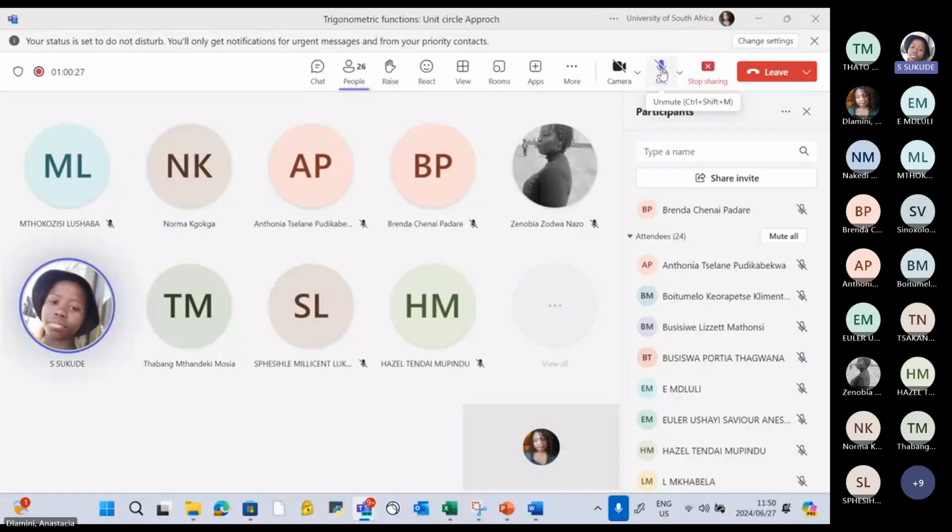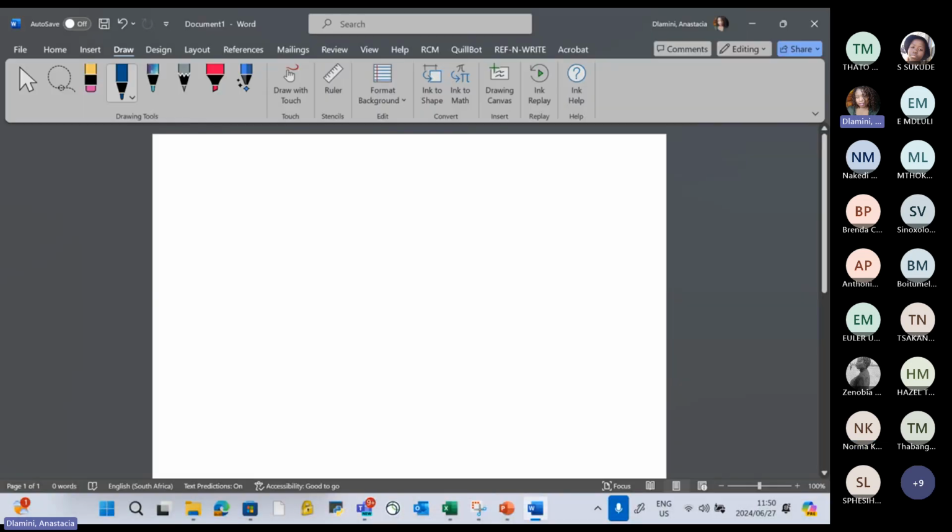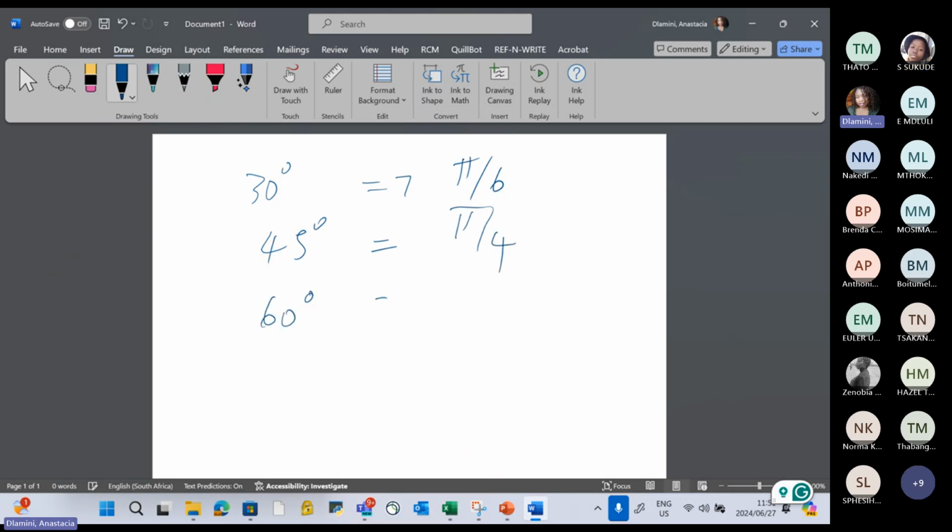For 30 degrees, it is pi over 6. Let's write it down. That's why I'm saying I'm not doing justice by going straight to the things. So 30 degrees is pi over 6. For 45 degrees, pi over 4. For 60 degrees, pi over 3.